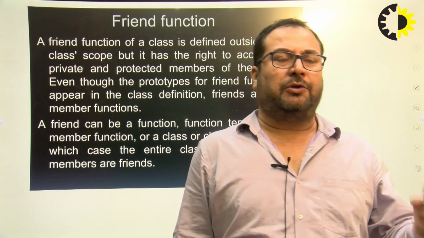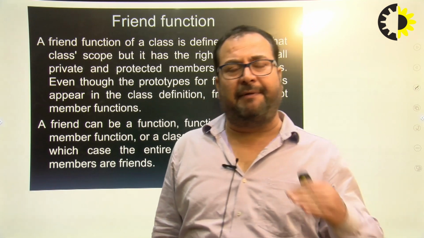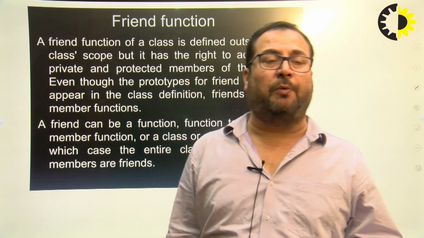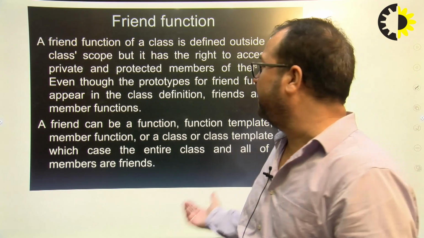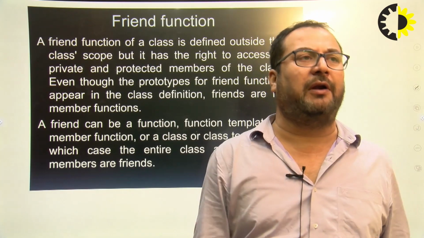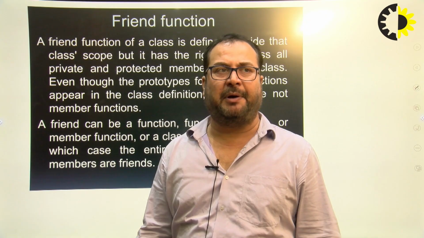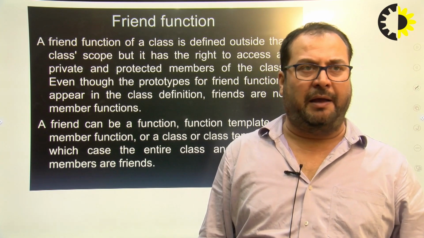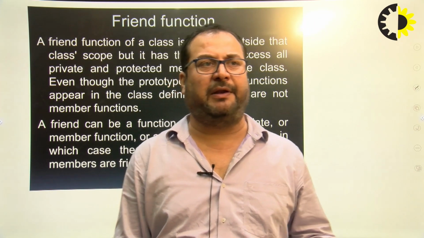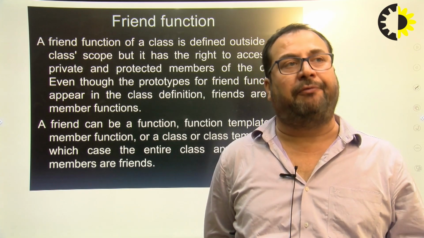Although it is defined in the class, it is not in the scope of that class. So this is the utility: through a friend function we can access the data or members of another class. But in that class, we need to declare that function as a friend.